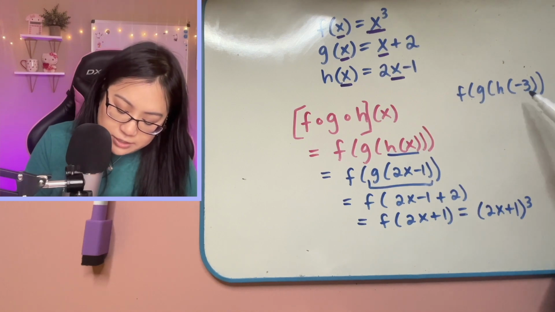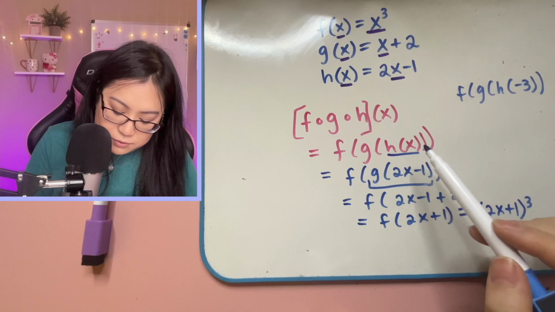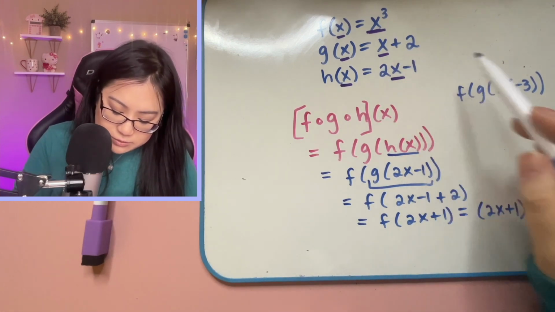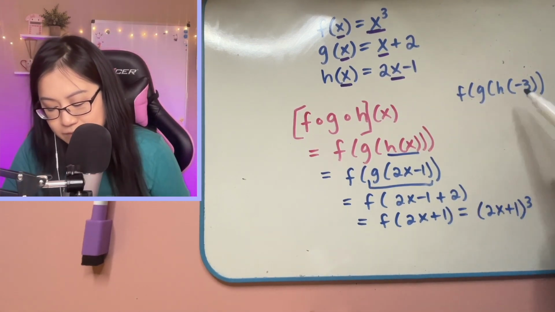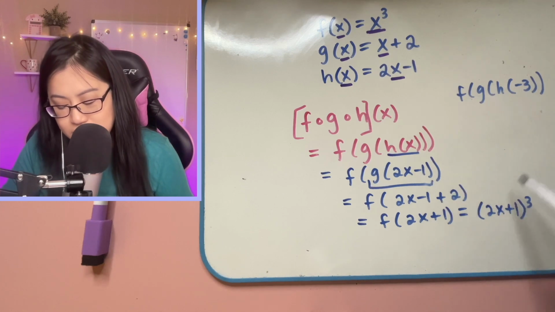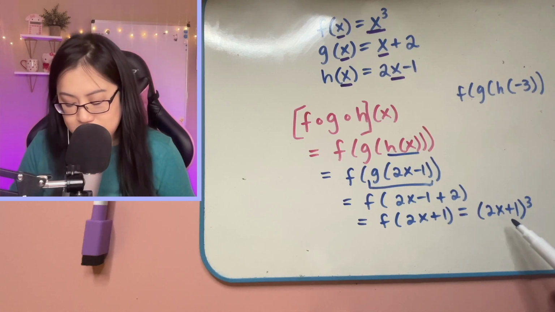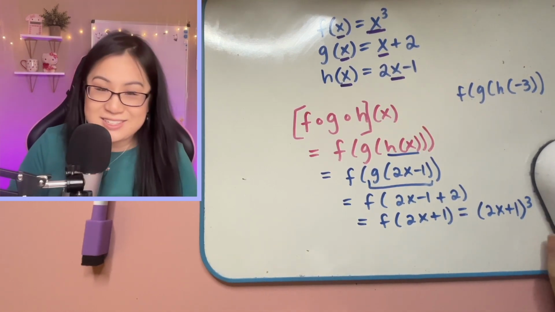Or you can put the negative 3 as you go. So h of negative 3 is negative 7. Negative 7 plus 2 is negative 5. And then you do negative 5 cubed is negative 125. So you can do this as you go, or you can plug in your x value at the end. Just make sure you follow order of operations, and it should be the same idea.